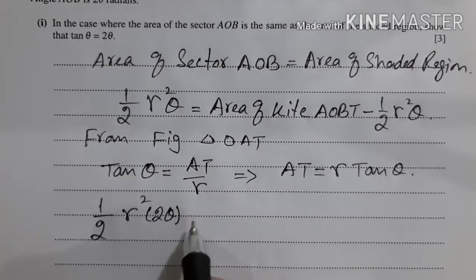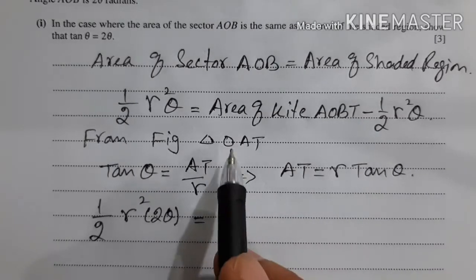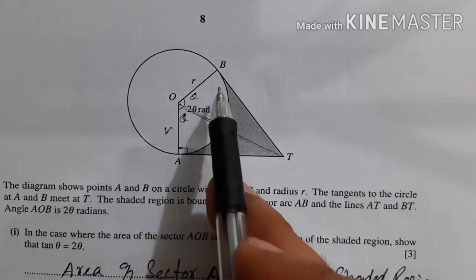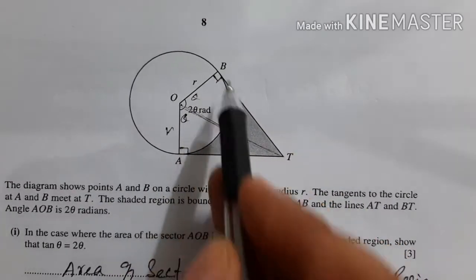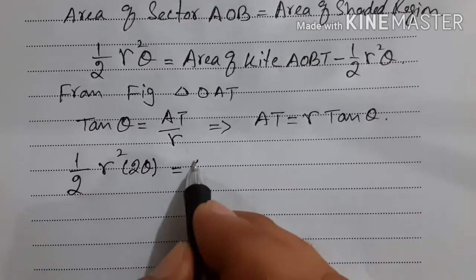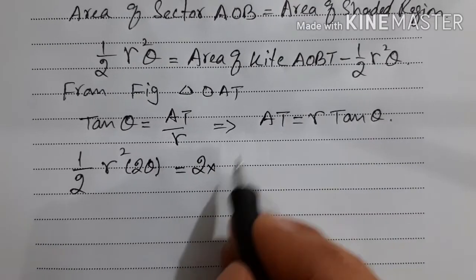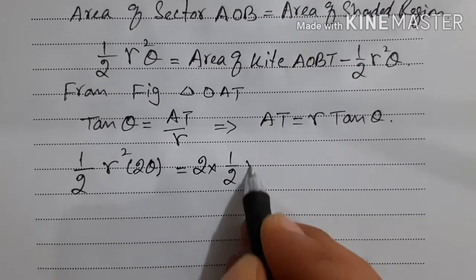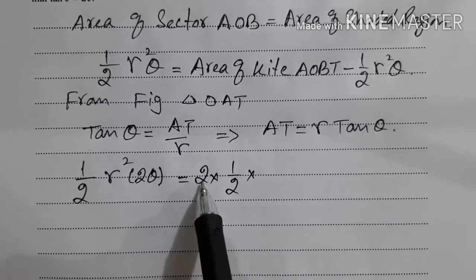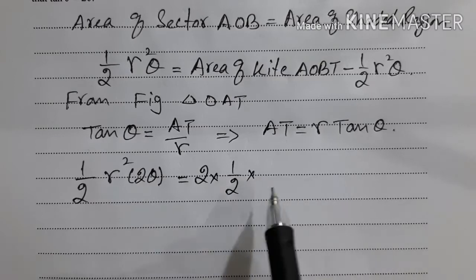So the area of the kite is actually made up of 2 right angle triangles. You can see 2 right angle triangles. So I can write it as 2 into 1 by 2 into base, meaning 2 times the area of a triangle, for 2 triangles.